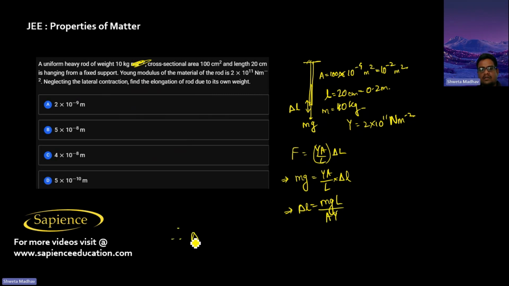So therefore, delta L will be mg, 10 into g, we can take it as 10, into L, that is 0.2, divided by A, that is 10 power minus 2, and Y, that is 2 into 10 power 11 Newton per meter square. So this will be 2 into 0.1, that is 0.2. So this will be 1. So 10 power 1 plus 2 minus 11.